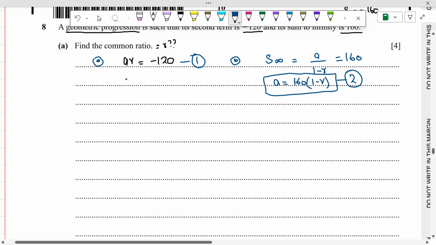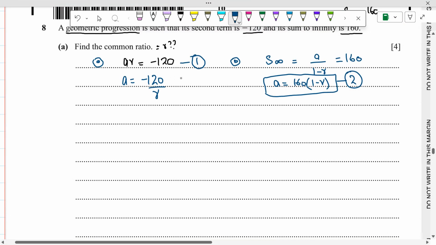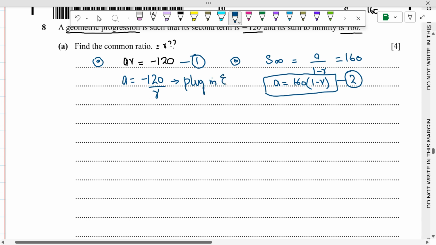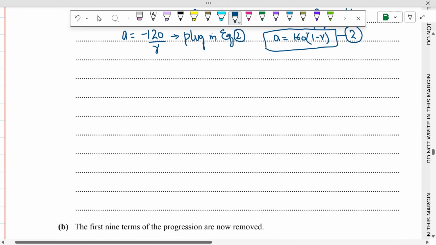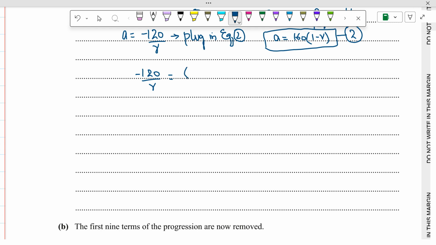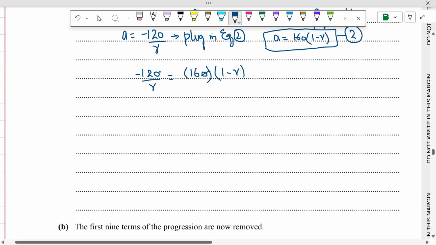So from here, A is equal to negative 120 over R, and plug in equation 2 to find the value of R. So equation 2 will be negative 120 over R is equal to 160 times 1 minus R. This one is 3 and this one is 4.